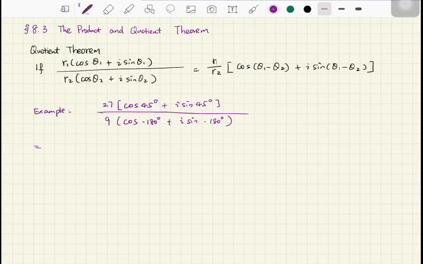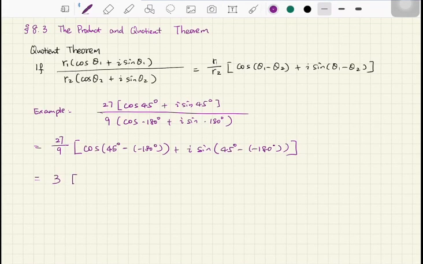To do it, we're going to use 27 over 9 multiplied by cosine of 45 minus negative 180 plus i sine of 45 minus negative 180. And we will end up with 3 times cosine of, 45 minus negative, it will be plus, and we got 225, plus i sine of 225.